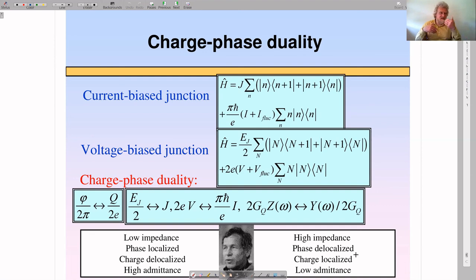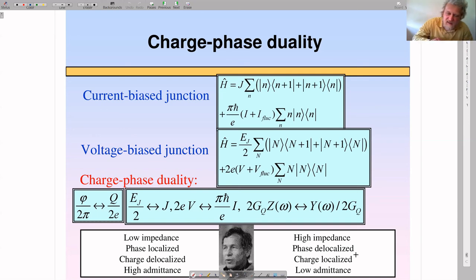So impedance is kind of frequency dependent resistance. Admittance is frequency dependent conductance. They are exchanged between these two situations, right?